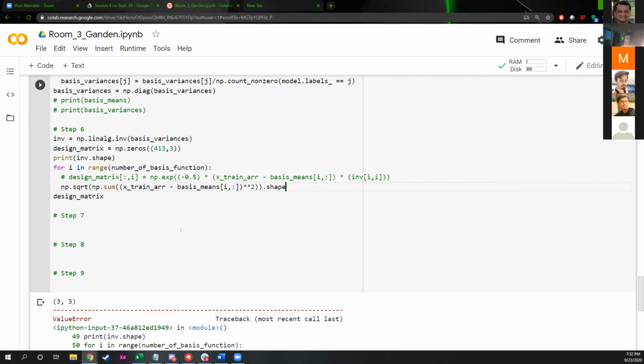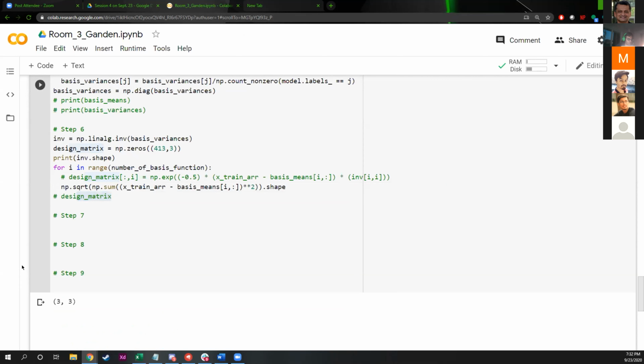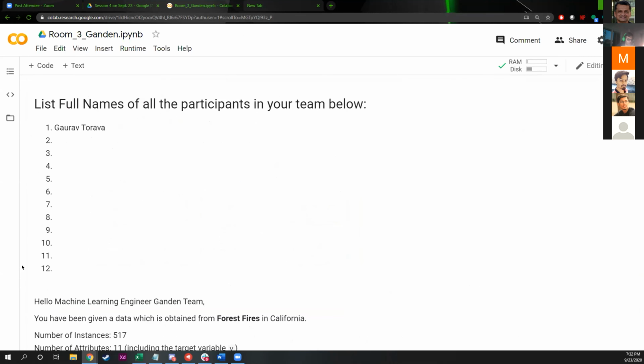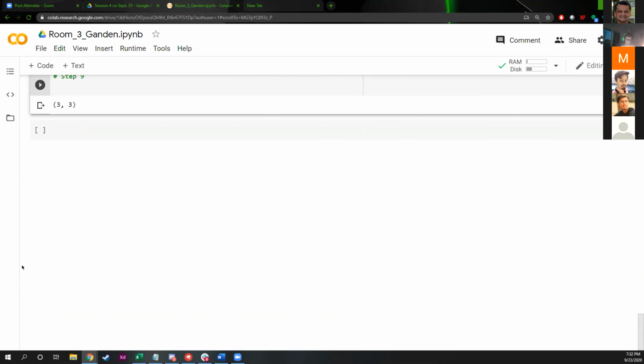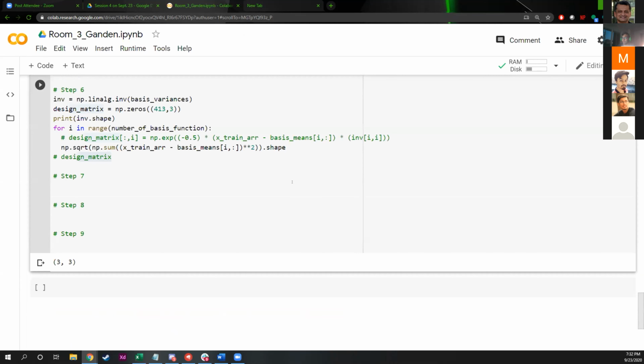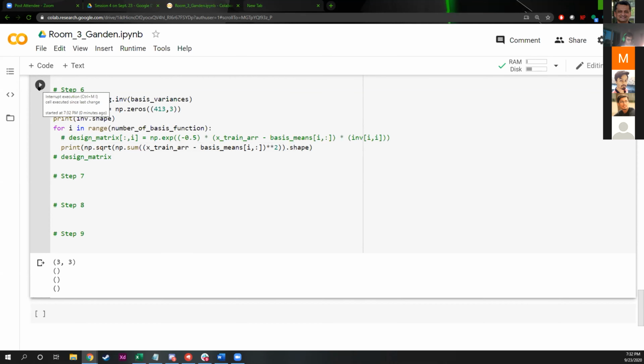I'll just be printing the shape for this. I'm not getting the shape.